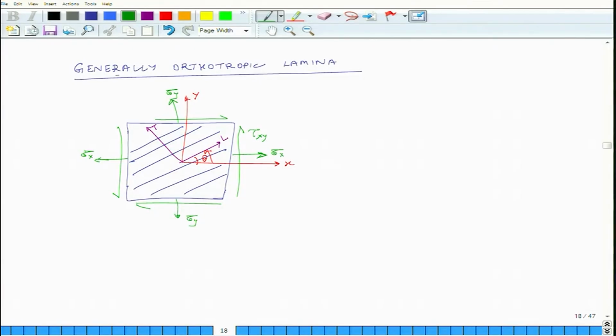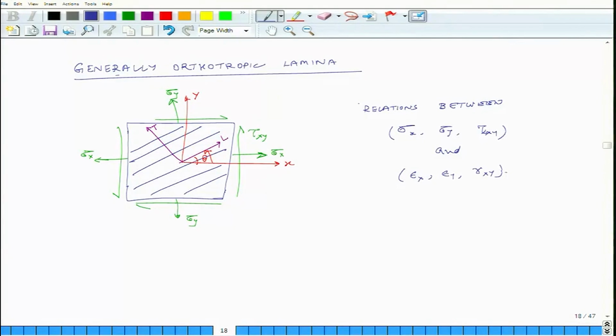So, for this kind of a situation, what we will do is we will develop relations between stresses. So, what are the stresses? Sigma x, sigma y, tau x y, and strains epsilon x, epsilon y, gamma x y.